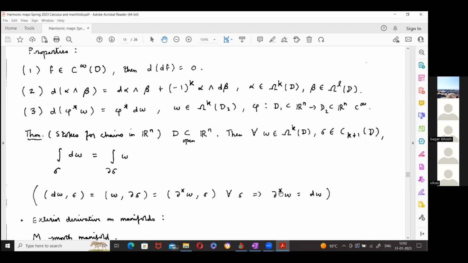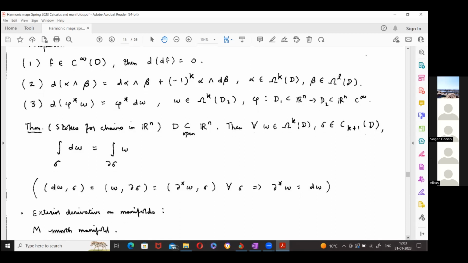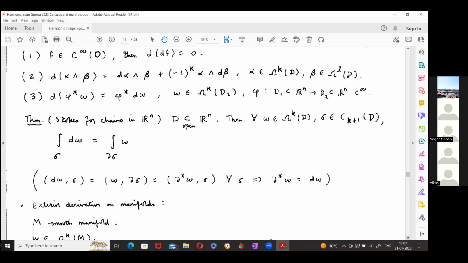You don't need to do an extra calculation to see that d squared is 0. It follows directly from the fact that d is equal to del star. Is that clear? Yeah. Right? Okay. Once you know that del squared is 0 and d equals del star, then d squared will also be 0, right?